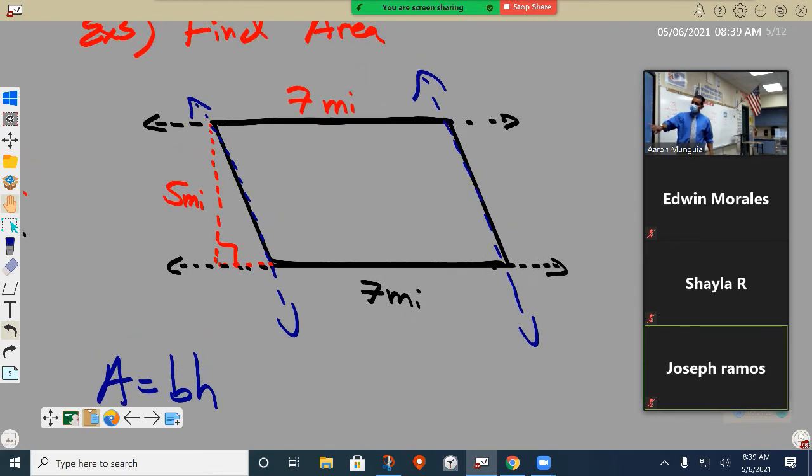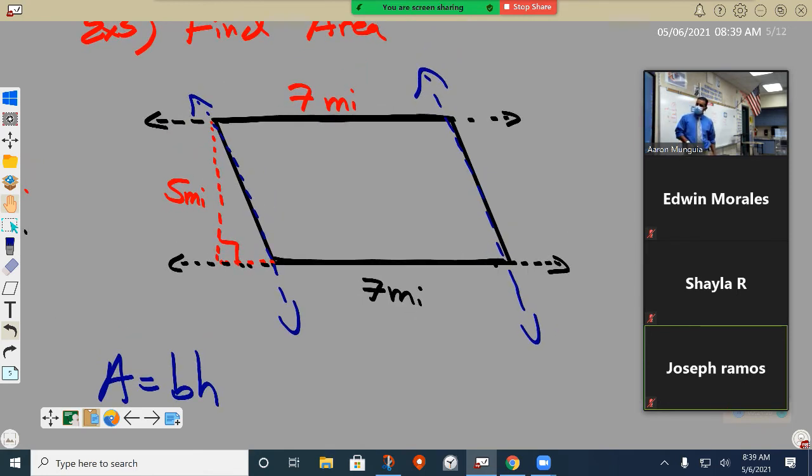Now notice on this parallelogram, I'm looking for perpendicularity, and I find the perpendicularity outside the parallelogram itself. In other words, there's 90 degrees, but it's not even inside the parallelogram or even part of the parallelogram, it's outside, which is still fine. That means the height then is 5 miles.